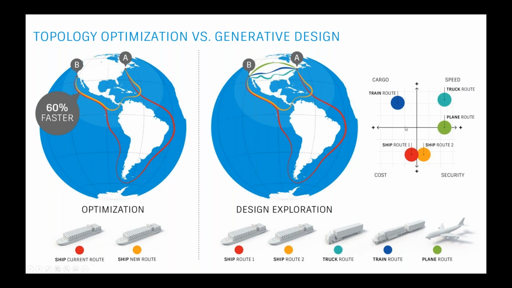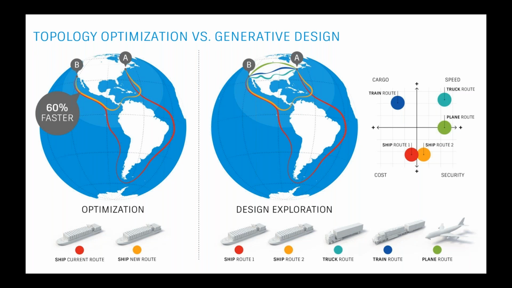When we take a look at these, they all are capable of carrying different amounts of cargo. They go at different rates of speed. They have different security and cost associated with them. This is the same as when you utilize generative design, you're going to get those different manufacturing methods. You're going to explore different materials. So we're going to lay all these out.